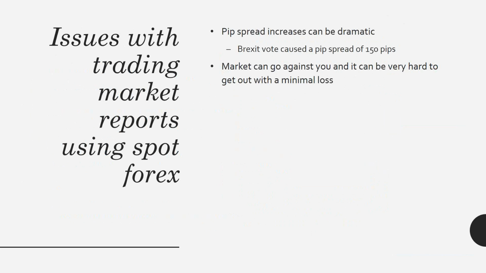Additionally, the market can go against you, okay? It's very hard when the market spikes against you to get out of that market. Again, if you go back to the Brexit vote, the British pound dropped 300 pips in the matter of about 5 seconds, okay?